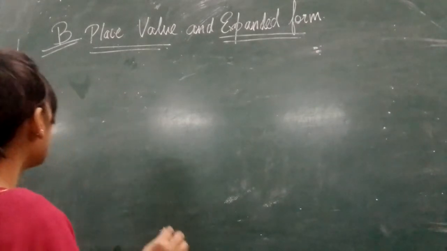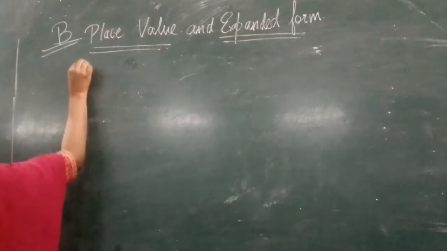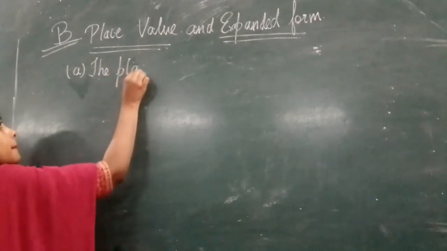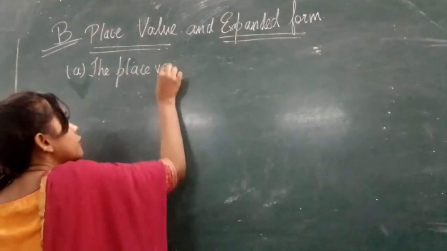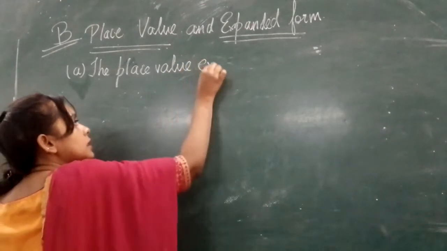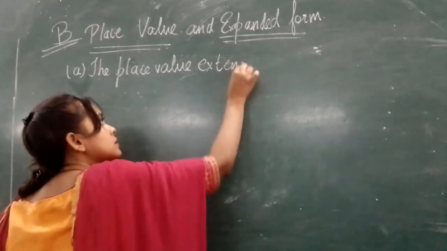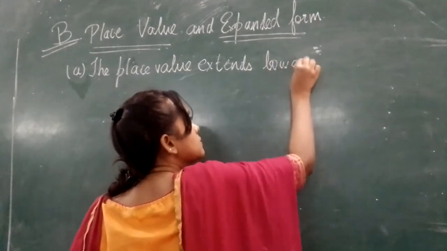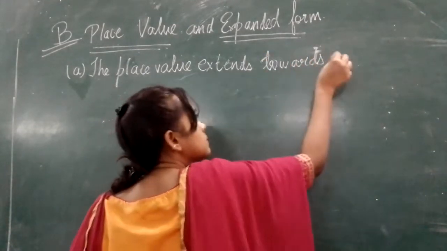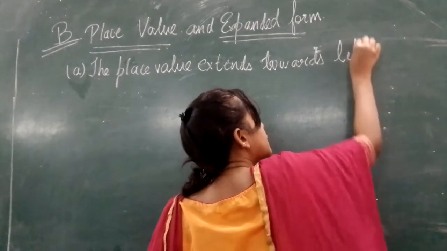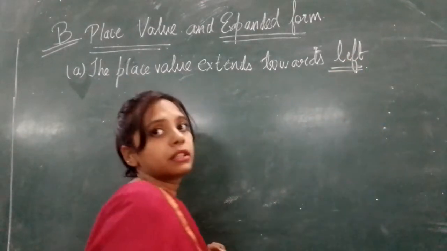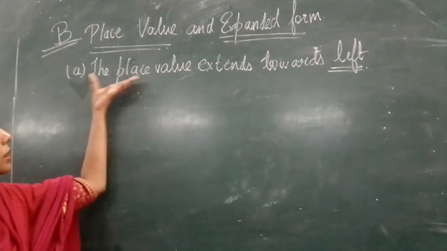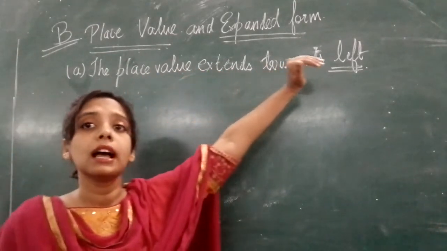So the first point where you will learn is that the place value extends towards left, and underline left. Now, do you understand what I have written? The place value extends towards left.